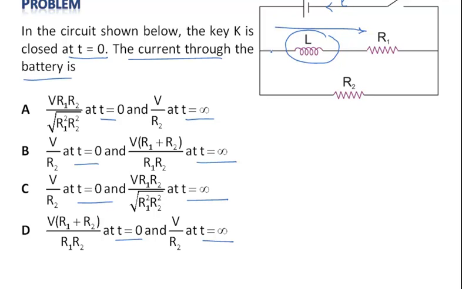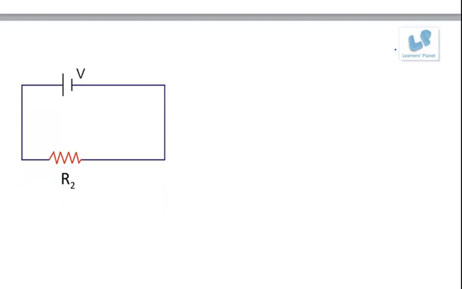So this arm will offer only resistance R1. Initially the resistance is infinity and afterwards at t equal to infinity it becomes R1. So at t equal to 0 the middle arm can be ignored because the resistance it offers is infinite.